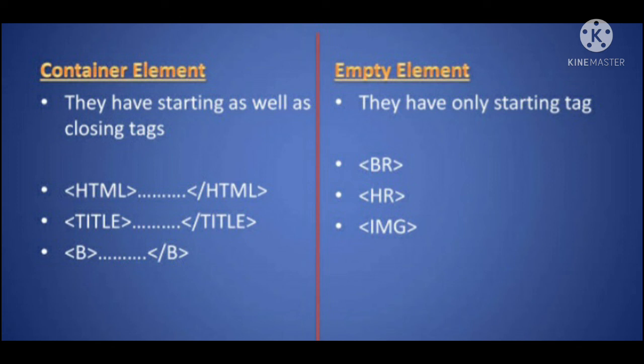So be careful while writing the code. If it is a container element, it contains both on and off tags. But if it is an empty element, it will only contain the on tag. Here you can see examples of empty elements are BR, that is the line break element, and also the horizontal rule.